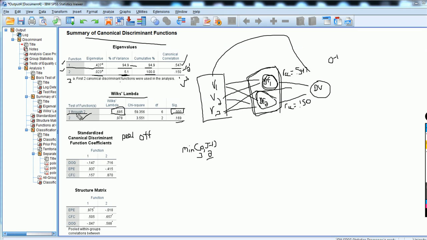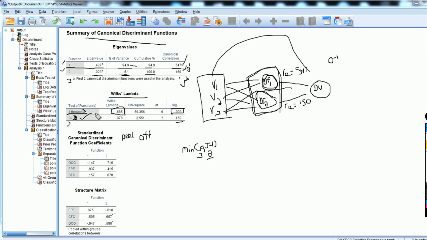But I do want to point out that, let's say we had three functions. Let's say that our number of groups had been 4, and we had 3 and 3, in which case we would have had 3 discriminant functions. In that case, we would have had canonical correlations for functions 1, 2, and 3. We would have had right here a test of functions 1 through 3, then 2 through 3 after peeling off function 1, and then we would have had a test of function 3.